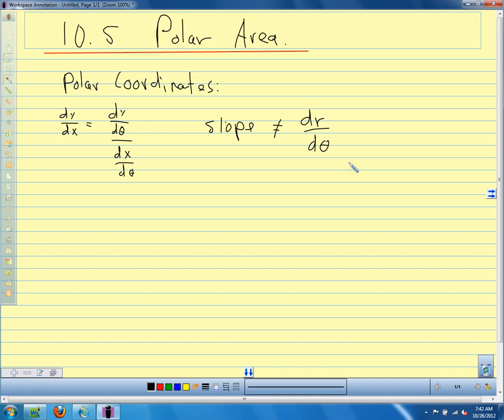The reason that we wrote out this explicit formula was that we saw if at the pole r equals 0, we have a convenient way of finding the slope of the tangent line.